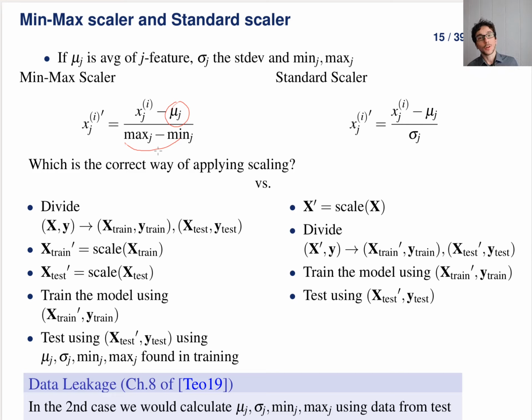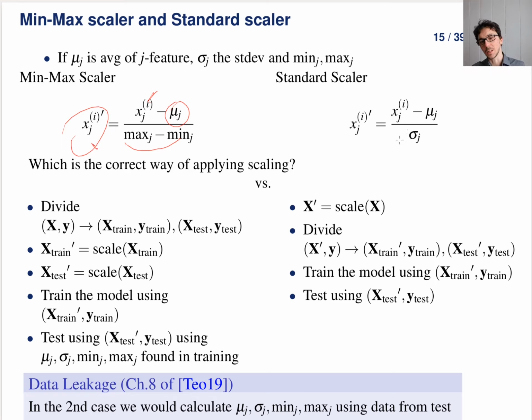First observe that after the transformation, it's not important the absolute value of the original feature, but just its variability around the mean. And also the transformed values are guaranteed to be between -1 and 1.